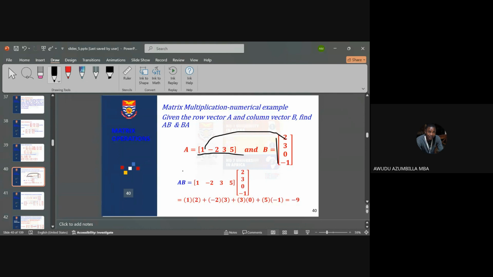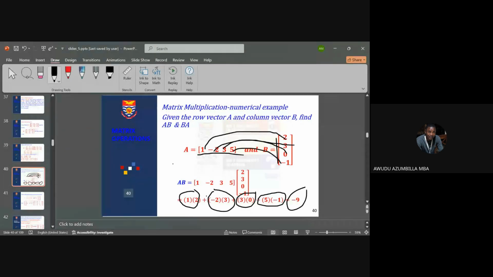So we multiply 1 by 2, then plus 2 by 3, plus 3 by 0, plus 5 by 1. You add all of them together, and you can see that we are having only one entry. Because we have one row and one column, that is why we are getting a scalar.